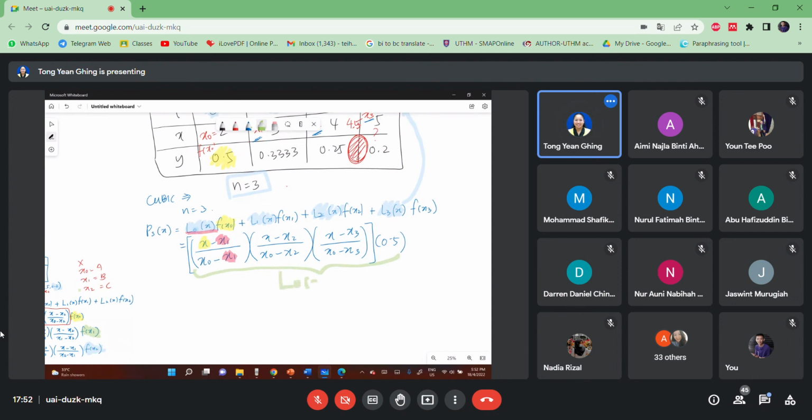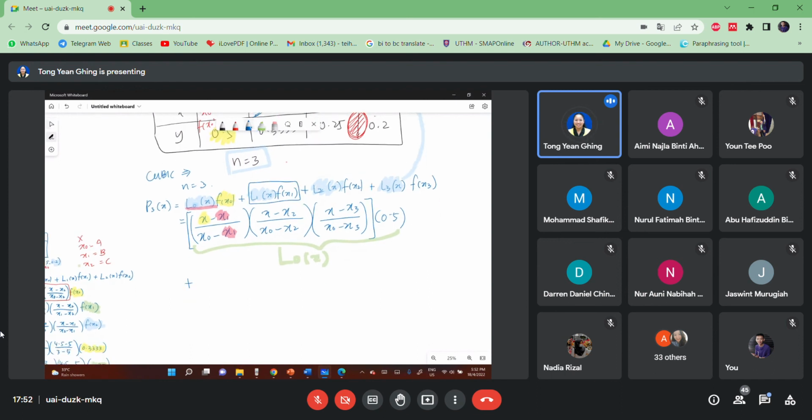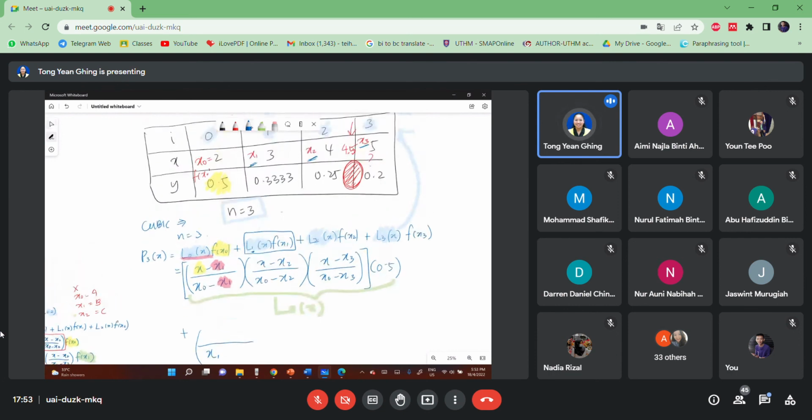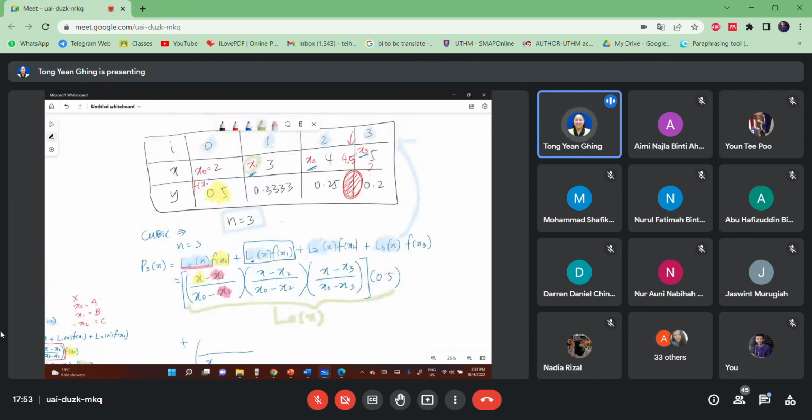The whole thing here is L0(x). And then we have to add the next one, L1. Remember, start with X1, because it is 1. Besides itself, we have X0, X2, X3.